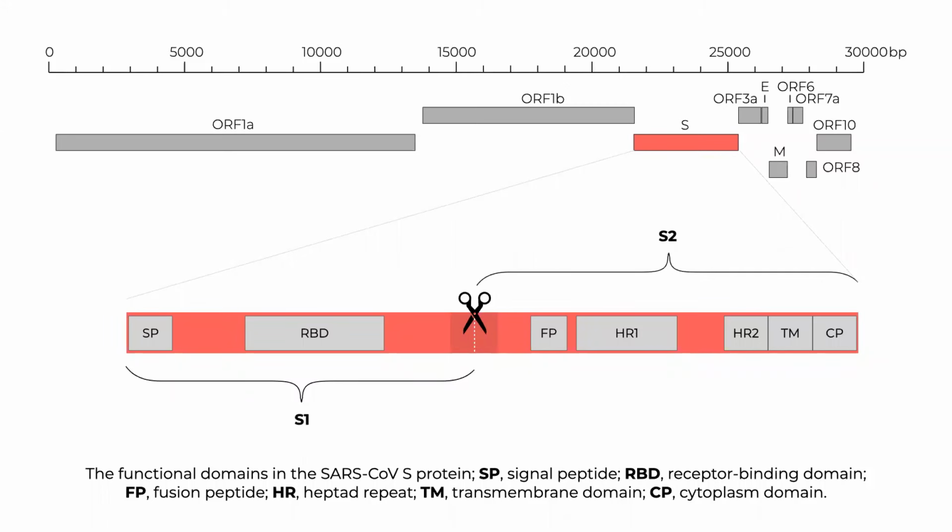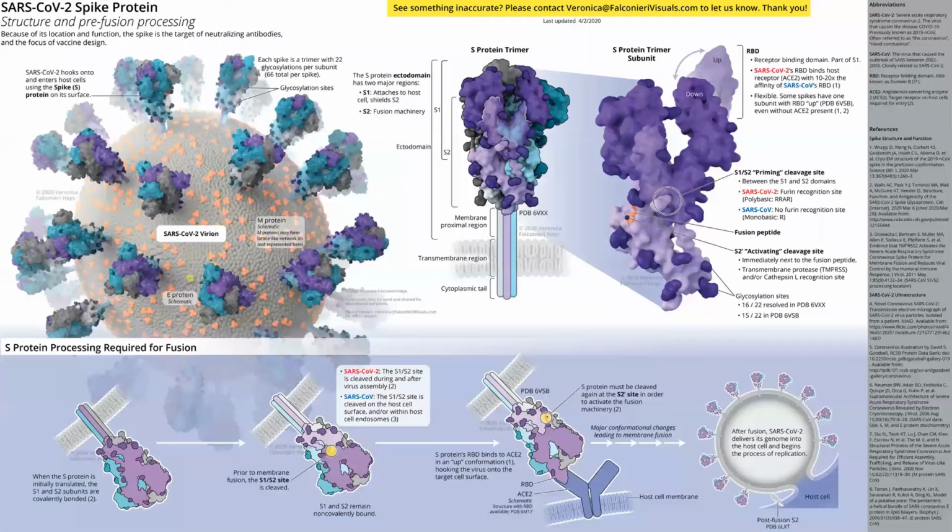Okay. So to understand how all of this works and how all of these different structures fit together, there's this beautiful illustration by Falconeer Visuals that created the 3D structure assembled together. And so we can see here how we have these different aspects of the spike glycoprotein, right? In the spike glycoprotein structure right here, you can see the S1 and the S2.